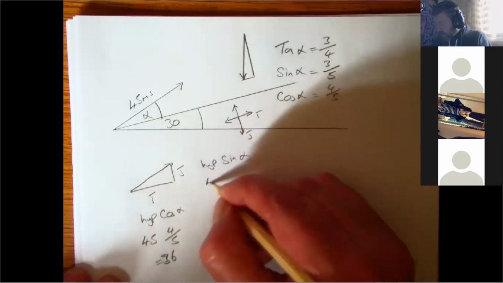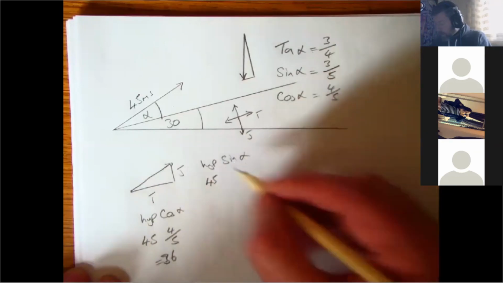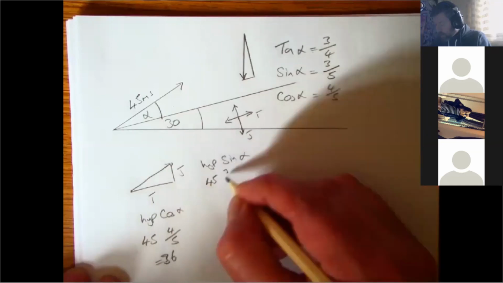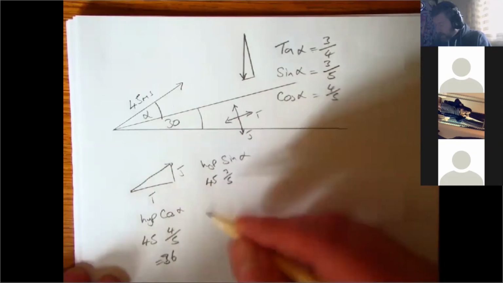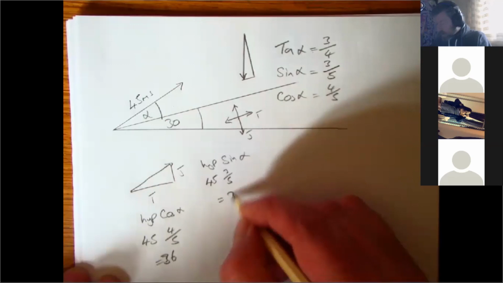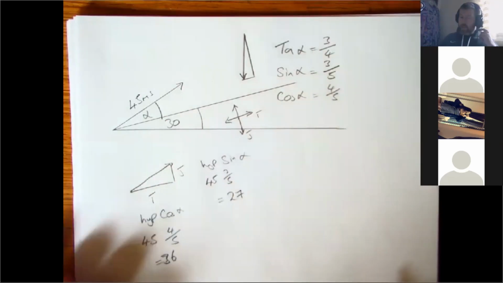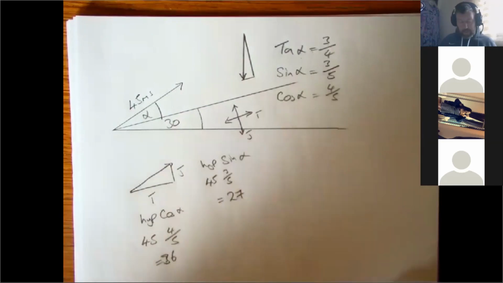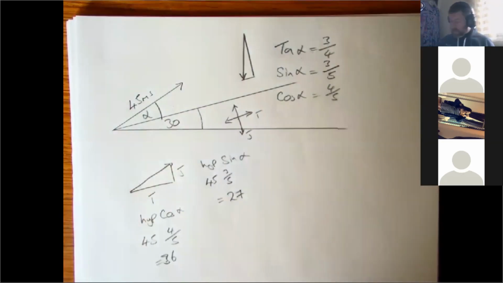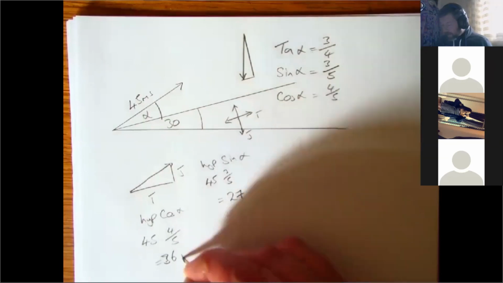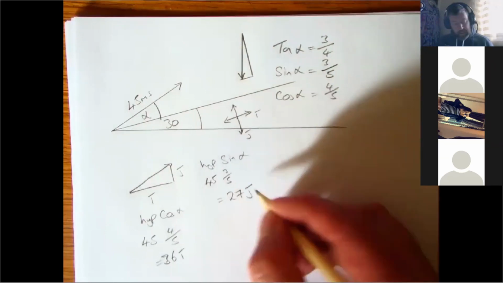Hypotenuse is 45, given up here. Sine alpha, we said was 3/5. 3/5 of 45 is 27. Again, folks, you use a calculator. I've done these questions so many times that it's mental arithmetic at this stage. So this is really 36I, and that is really 27J. That's the initial velocity in terms of I and J along and perpendicular.